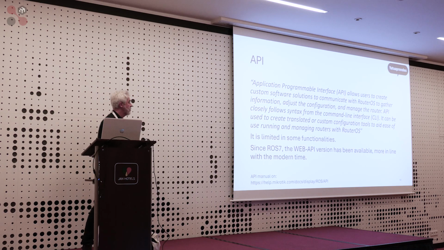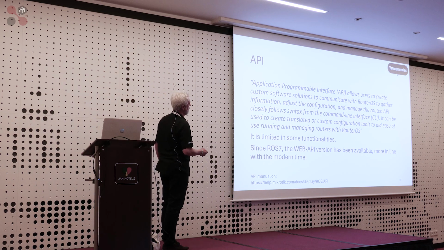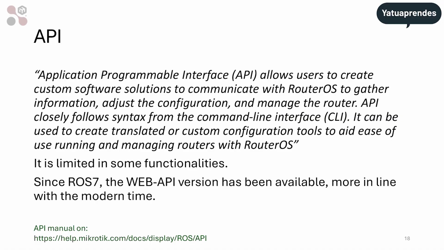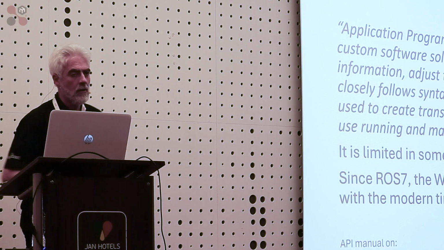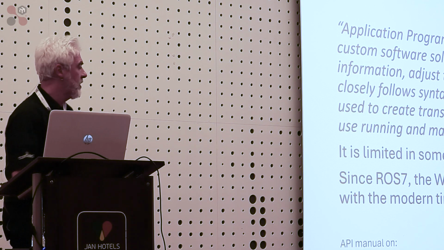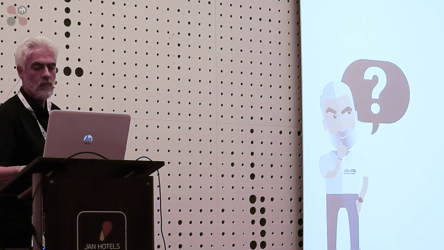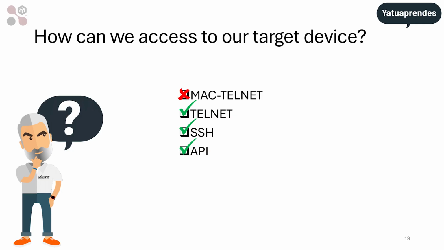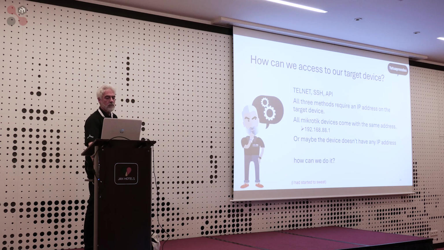It has some functionality limitations, but in v7 they added a web API, which is more modern today and easier to use. After reviewing, we can see that we can only access our target device by the last three methods.